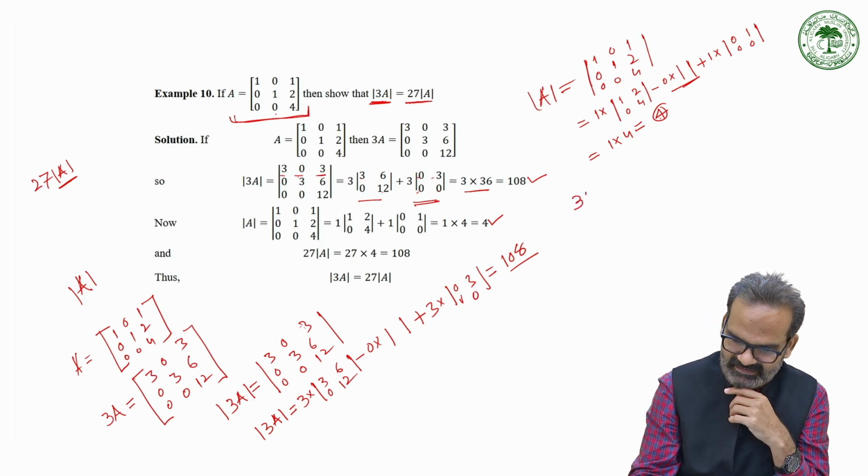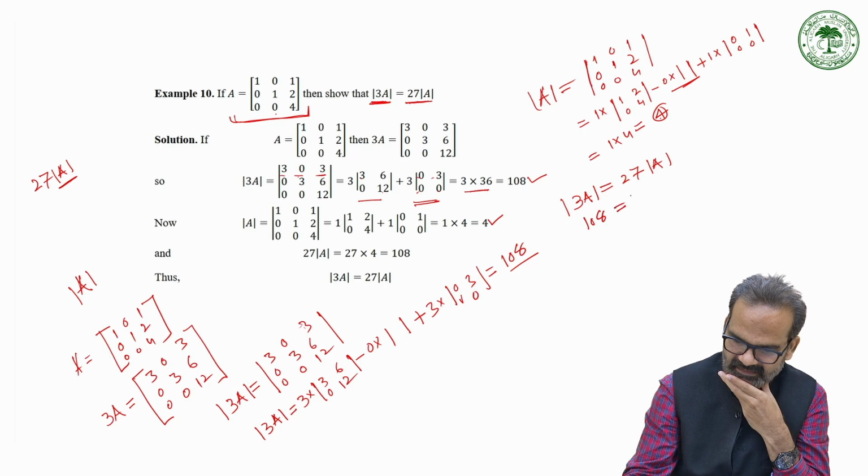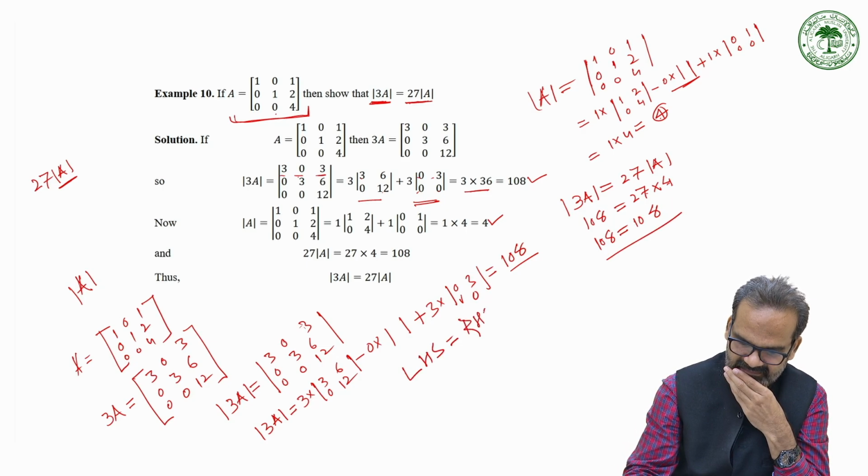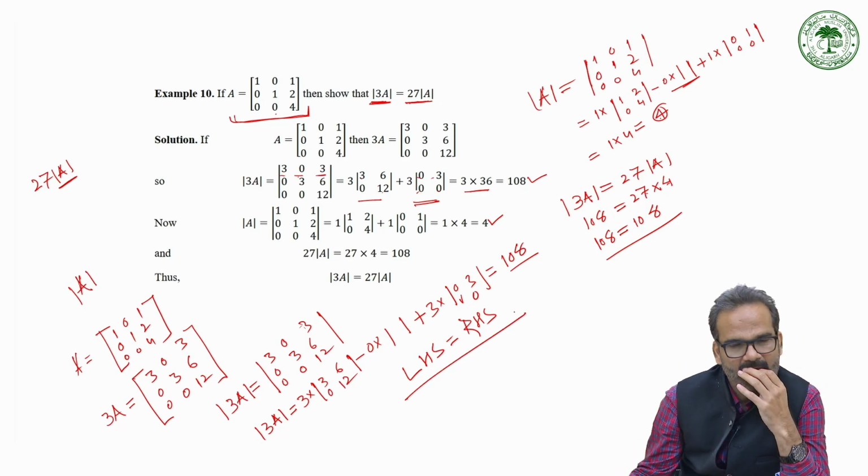We want to show that the determinant of 3A is equal to 27 times the determinant of A. So the determinant of 3A is coming out to be 108, this is 27 and the determinant of A is coming out to be 4. 27 times 4: 7 times 4 is 28, 4 times 2 is 8, plus 2 is 10. So 108 is equal to 108. It means the left hand side and right hand side both are equal.